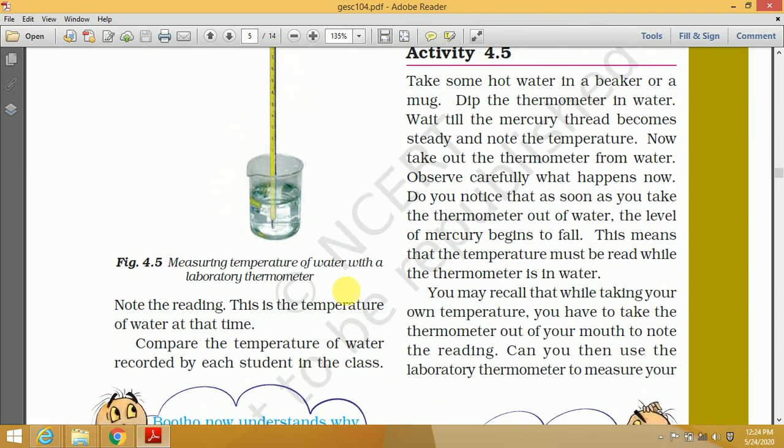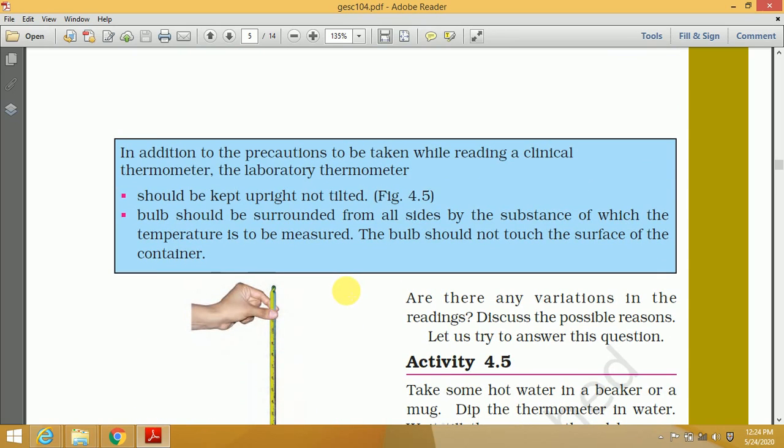So till now we have seen the clinical thermometer and the mercury laboratory thermometer. So what are the similarities and what are the differences between the two? Let us recall. What are the similarities? Both of the thermometers, whether it is clinical or laboratory, are used to measure the temperature.